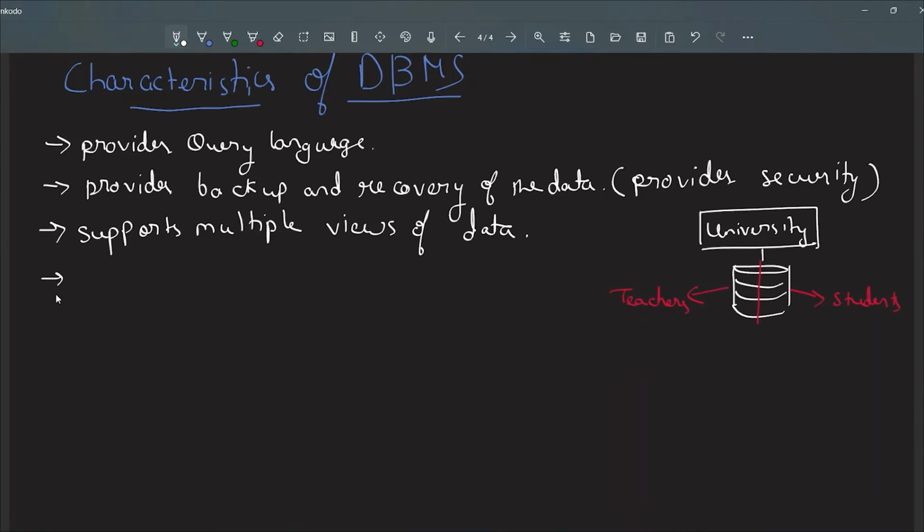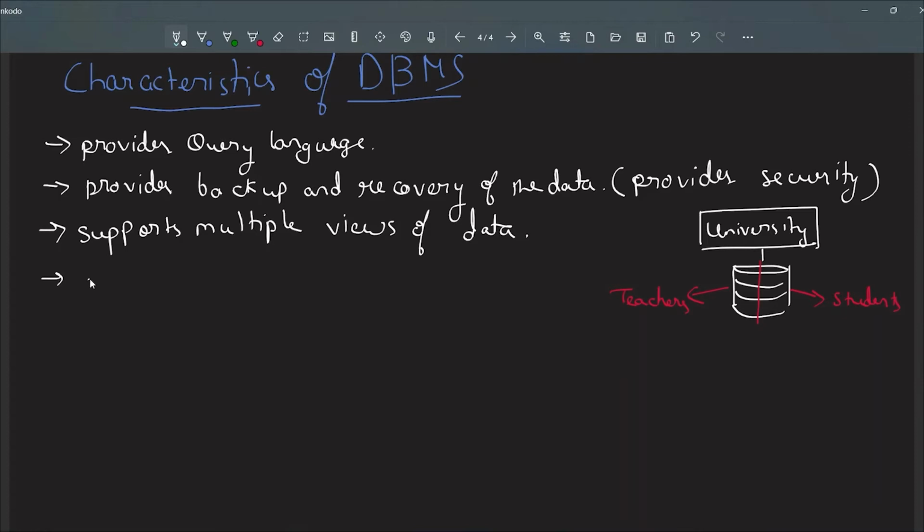Now DBMS supports the concept of normalization. Normalization we will see in further videos, but for now just understand that it is very helpful in minimizing the redundancy of a relation or a table.